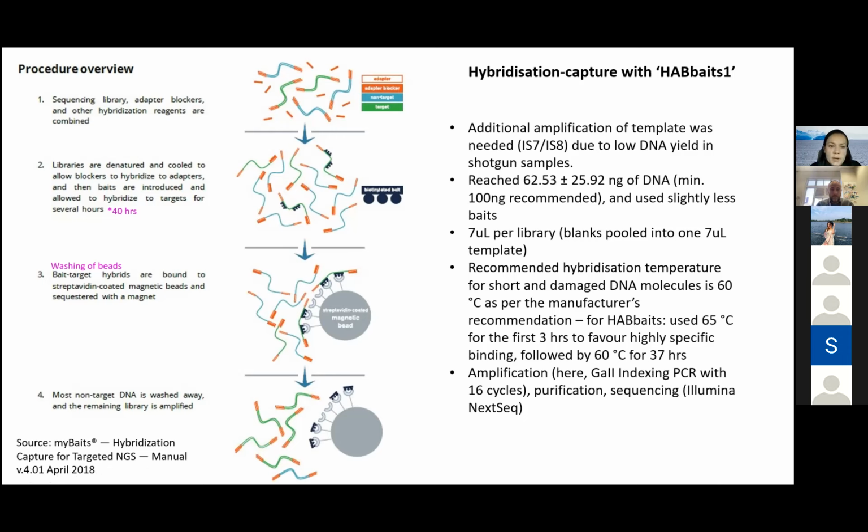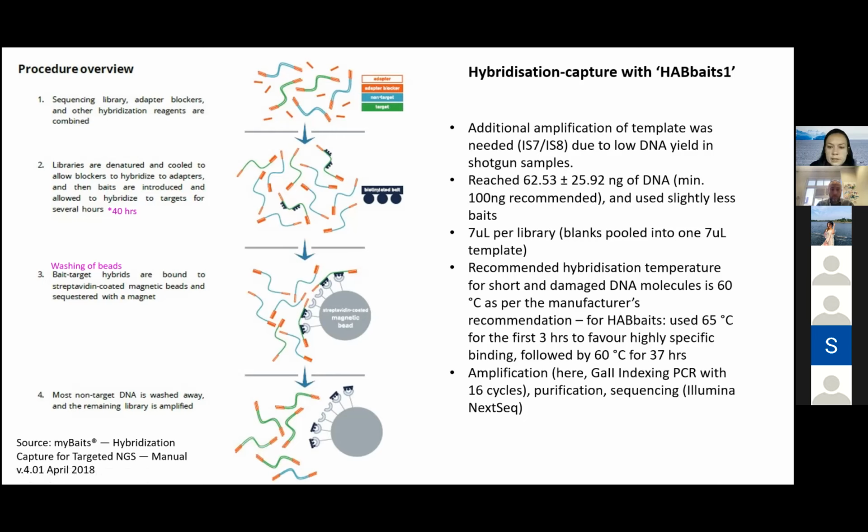We have very low amounts of DNA in these samples, and so even though I did some additional amplifications beforehand to try and reach 100 nanograms, I never did. But I was able to apply this protocol reaching approximately 62 nanograms as well. So just in case you run into this problem.